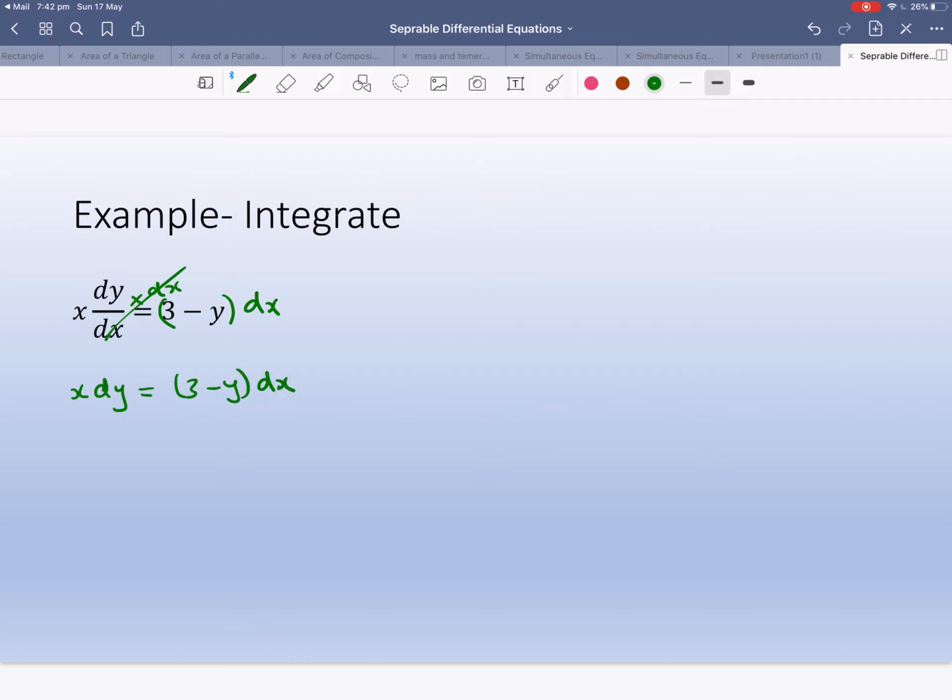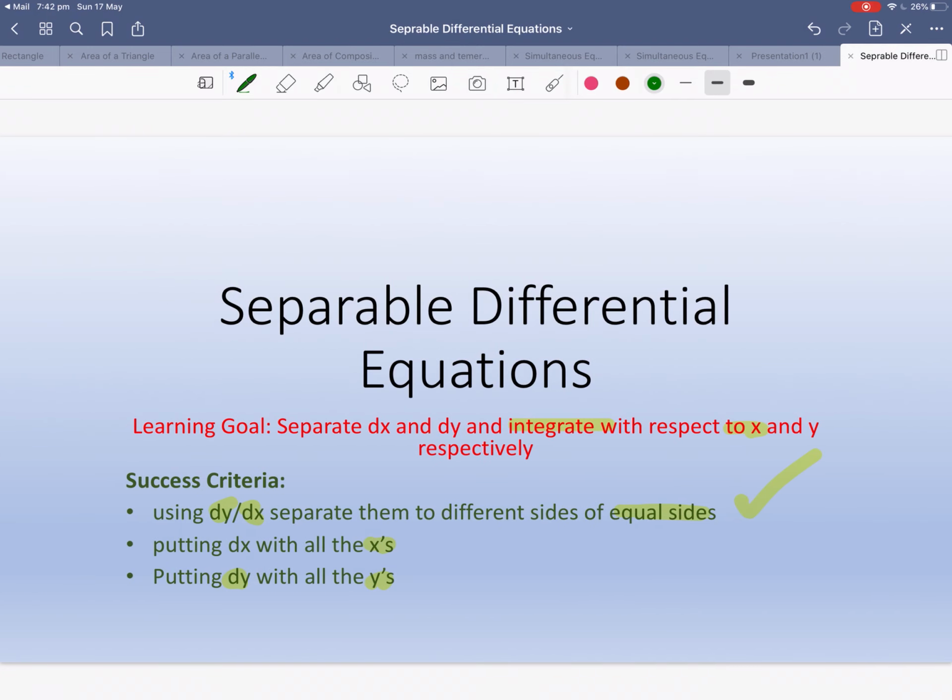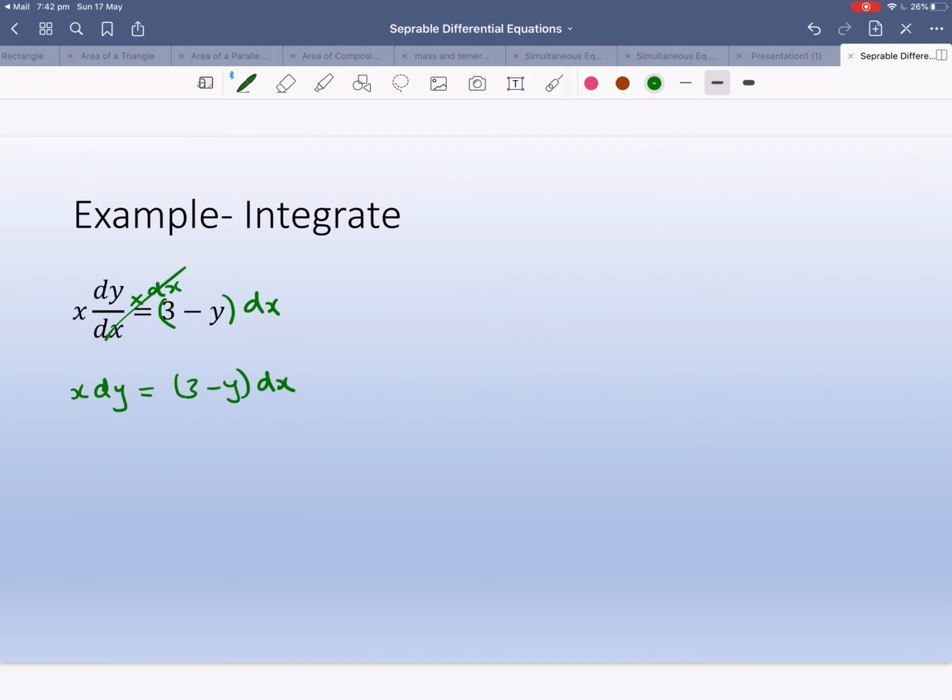Now the issue here is that the second part of the criteria is that I need to put all the dx's with the x's, and I've got the opposite happening. So I'm going to divide both sides by x, get rid of that, put x there.